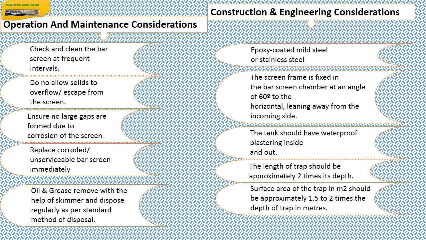The tank should have waterproof plastering inside and out. The length of the trap should be approximately 2 times its depth. Surface area of the trap in square meter should be approximately 1.5 to 2 times the depth of the trap in meter.